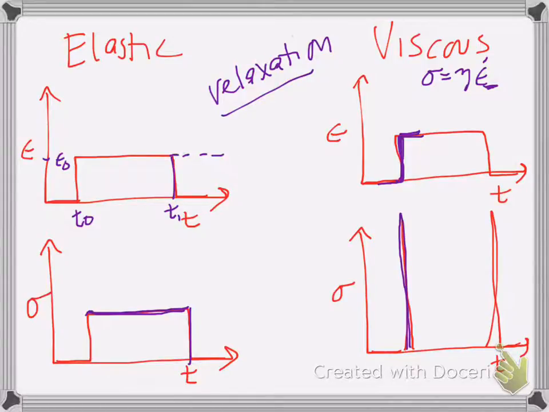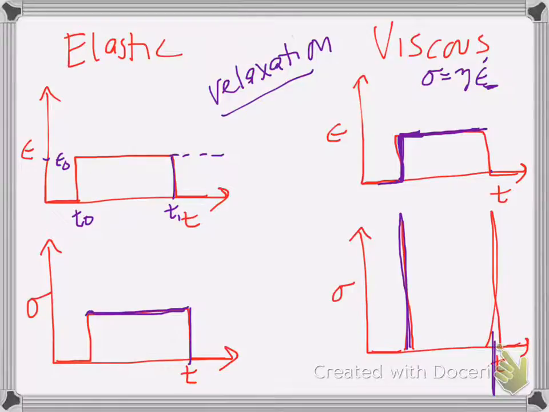And likewise, then it will maintain that, because if you release the stress, it keeps the amount of deformation we've applied. So in order to get it to go back to zero strain at the end, we actually have to apply another delta function of stress, but in this case actually it would be a negative delta function of stress.